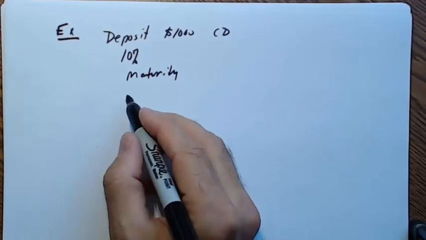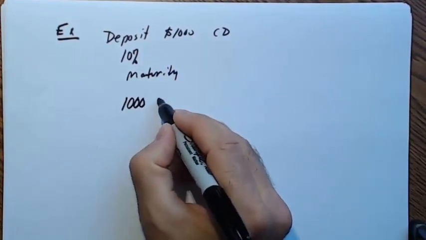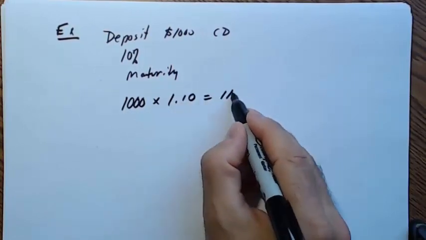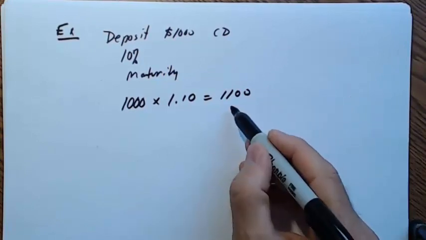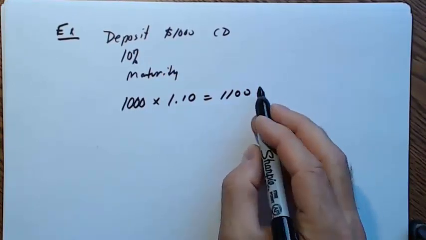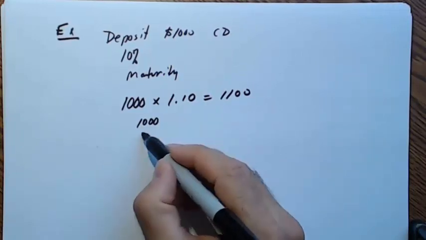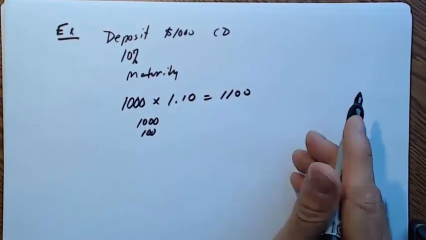So how much is it worth in 1 year? Well, it's 1,000 times 1 plus the interest rate in decimal form, which means it's $1,100. And with $1,100, you're going to get your $1,000 principal back, and $100 is associated with interest income.